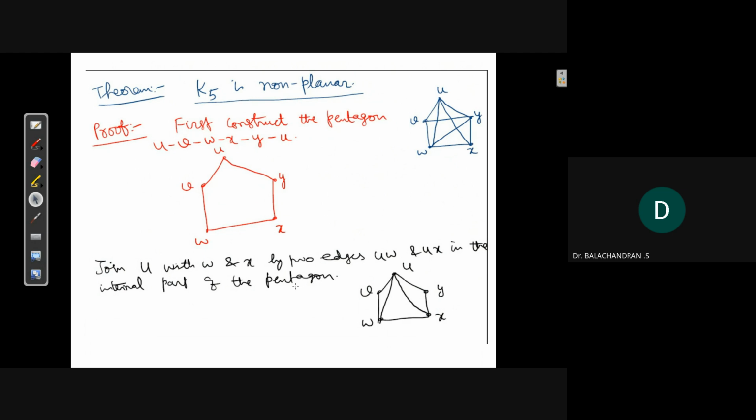If you draw like this, it will not cross the previously drawn edges. You can easily see that these two edges do not cross the previously drawn edges.